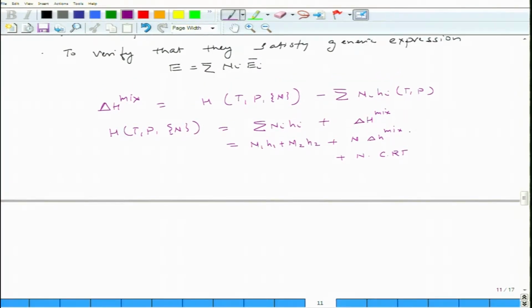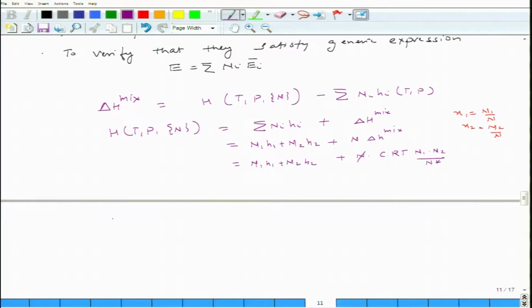What is x1? x1 is N1 by N, and similarly x2 is N2 by N. We make use of that, and here we write simply N1 N2 by N square, so this gets cancelled. Now we have an expression N1 H1 plus N2 H2 plus this part.